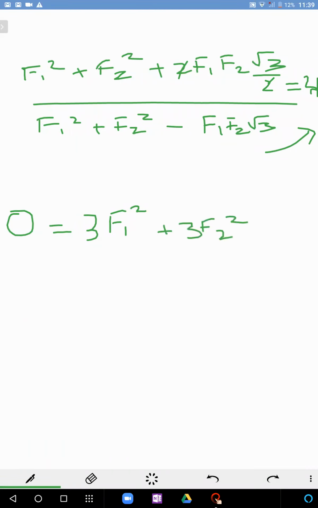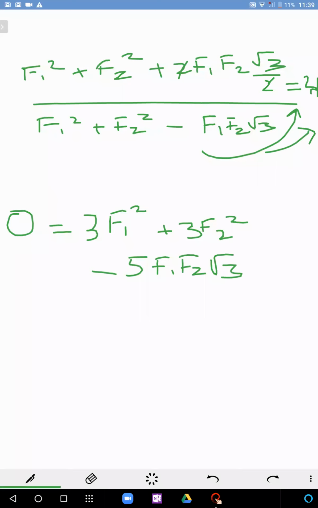And the last one, minus 4f1 f2 root 3, plus f1 f2, नहीं प्लस की जगह वो माइनस हो जाएगा, minus 5 f1 f2 root 3. यहाँ तक फॉलो किया? ऐसा इक्वेशन आ रहा है.